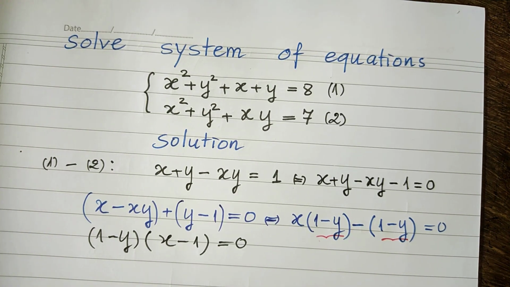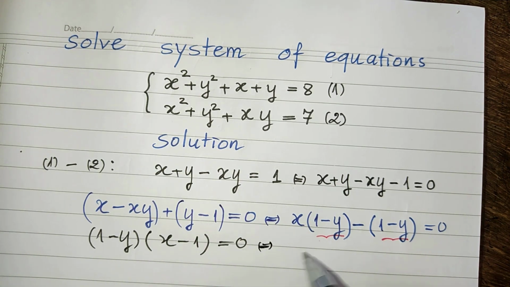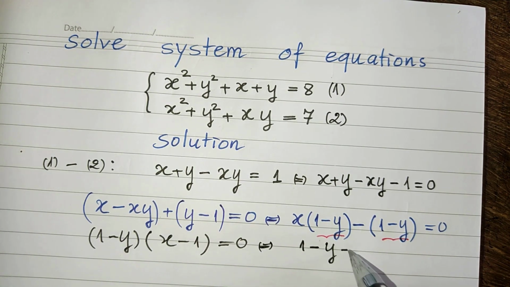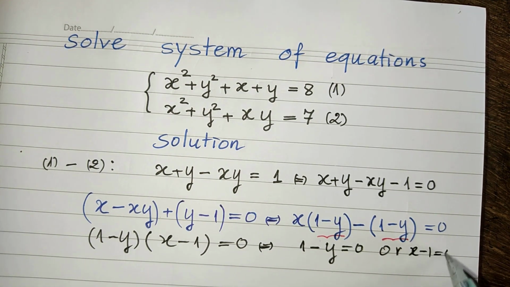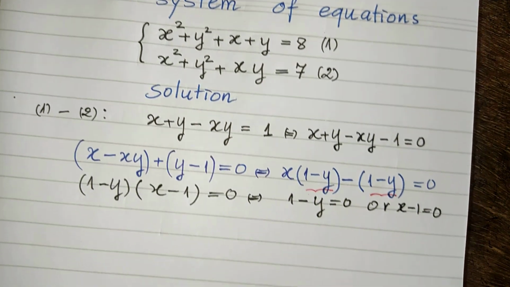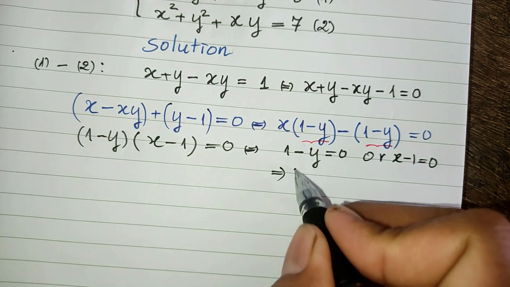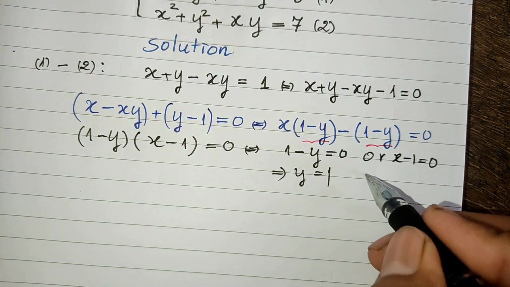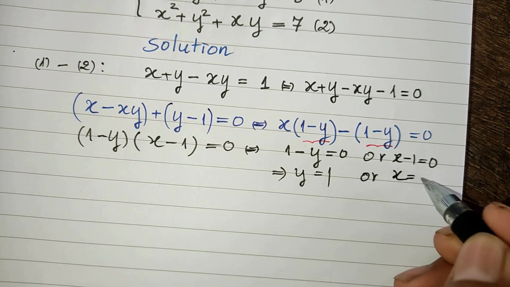So the two factors give 1 minus y equals 0, or x minus 1 equals 0. So we get y equals 1, or x equals 1.